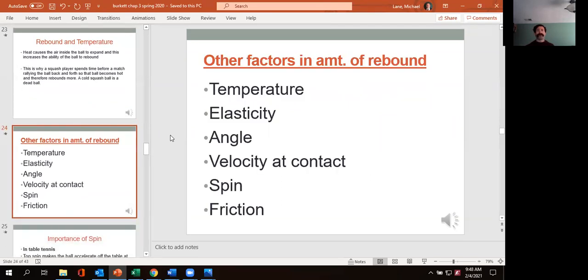Now, there's a number of other components that are going to affect rebound, not just the temperature, but obviously the elasticity of whatever you're playing with, and the angle and the velocity with which the object is going to hit. I'm sure all of you have seen somebody bounce off something because they got pushed into an object at a very high speed. And then the amount of spin, along with friction between the surfaces.